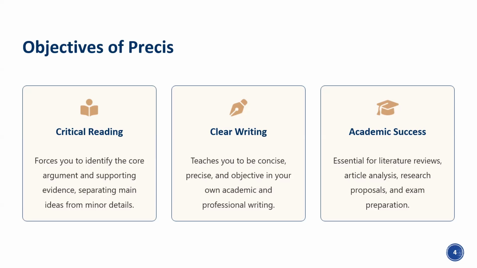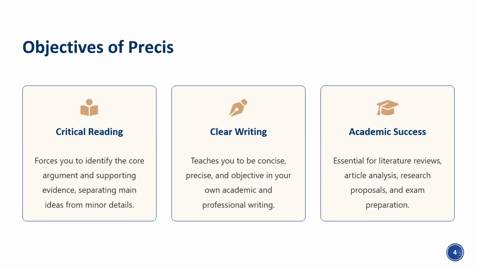Sometimes you need to have a miniature of those research articles in order to design your own paper, for example, for literature review or for designing introduction. So definitely you need to be very concise, precise, and objective whenever you do these things. So in both ways, it is possible that you need to design a precis.